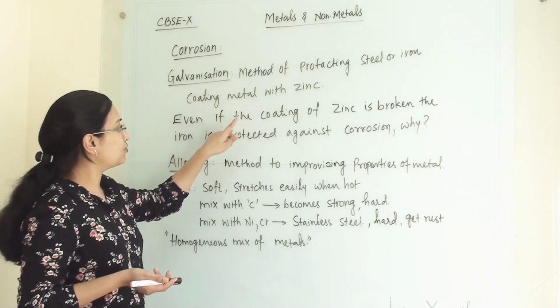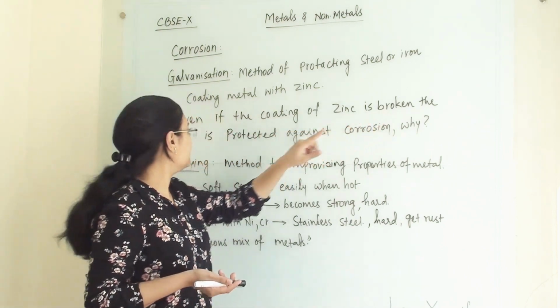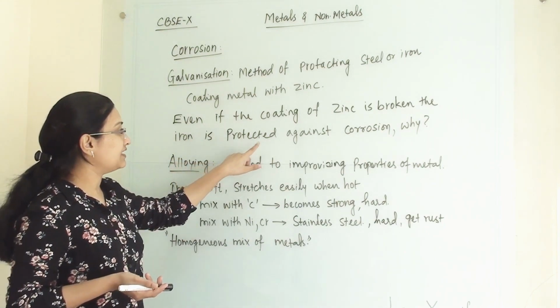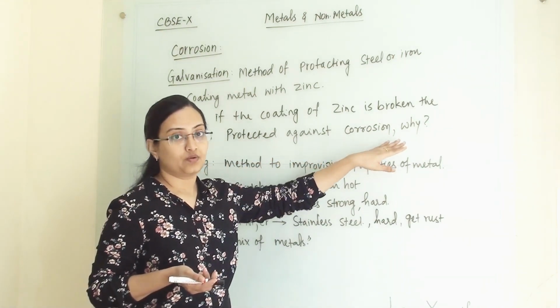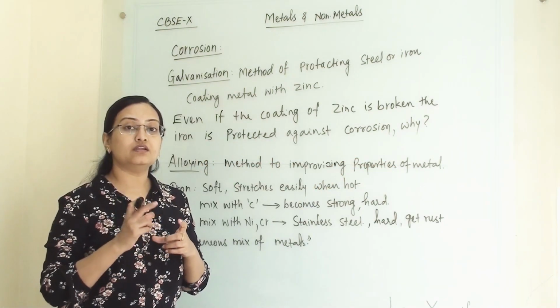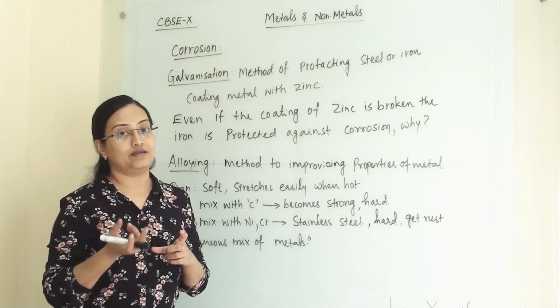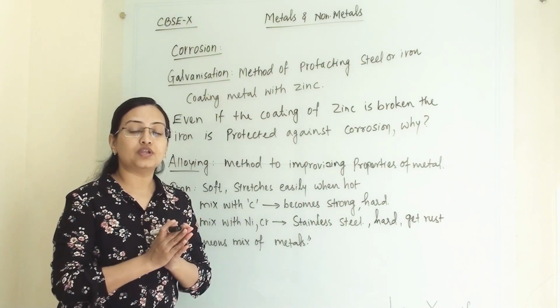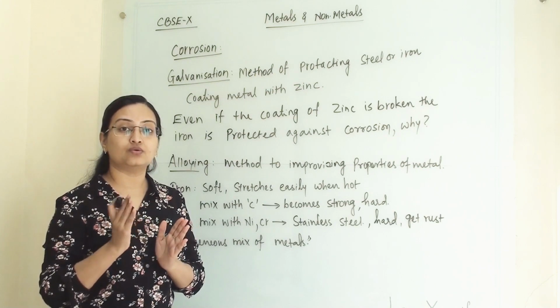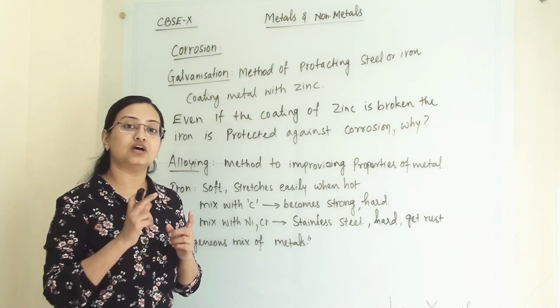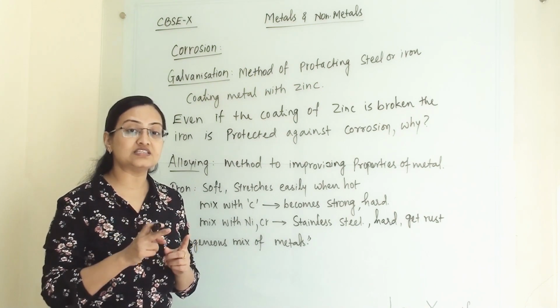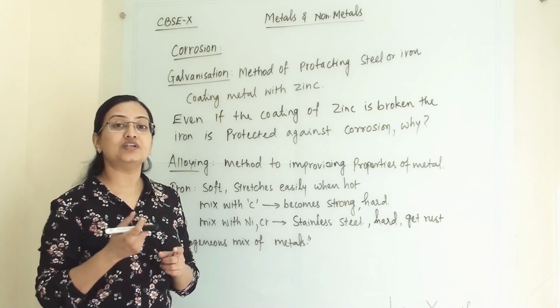Even if the coating of zinc is broken, the iron is protected against corrosion. Why? We have made a coating of zinc on iron. If that coating breaks down or comes off, the iron is still protected once it is galvanized. How is it possible?